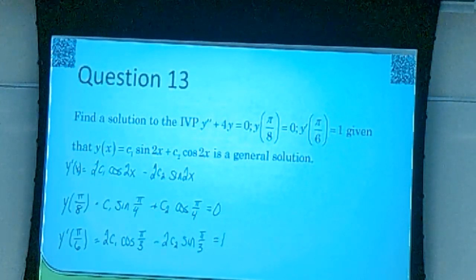So you can then just replace C2 with negative C1 in the second equation and solve. Do I want to do that? Yeah, why not? We'll do it by hand.